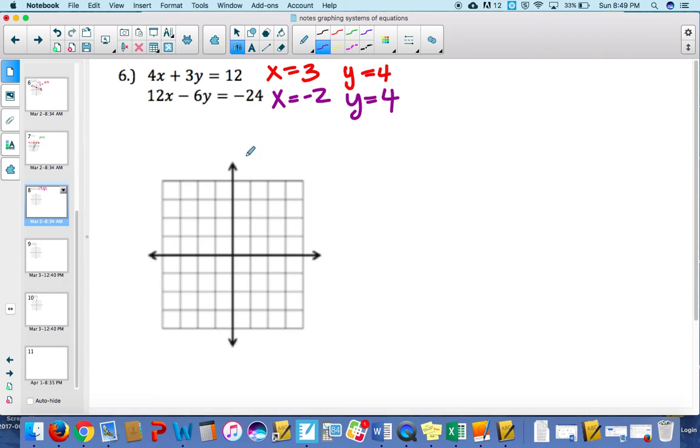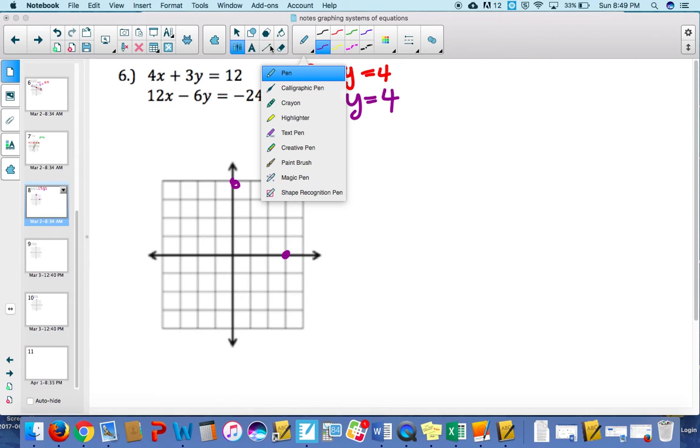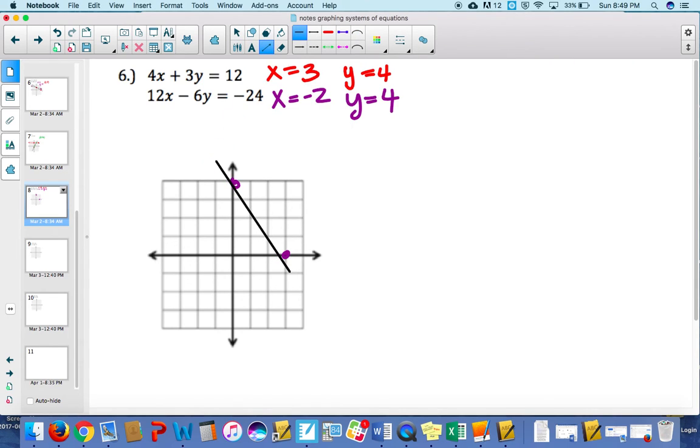And we're going to plot those points. So over to 3 on the x-axis, up to 4, and construct our line. And for line number 2, we are starting at -2 on the x-axis and going up to +4 also.